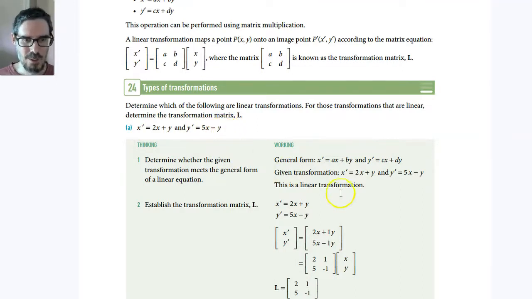How would I write it? Well, think about your two equations: the new x coordinate is 2 lots of x and 1 lot of y. And the new y coordinate is 5 lots of x and -1 lot of y. So this is my new linear transformation matrix.